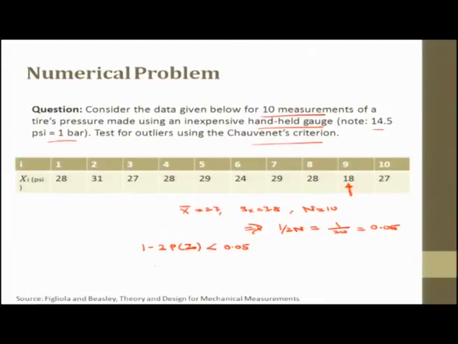So, for xi equal to 18, using the relation given in the previous slide, I can find the value of z naught, that is equal to 2.368. So, 1 minus 2 into probability of z naught, which is equal to 1 minus 2 into, from the table, probability of z naught would come out to be 0.4910.